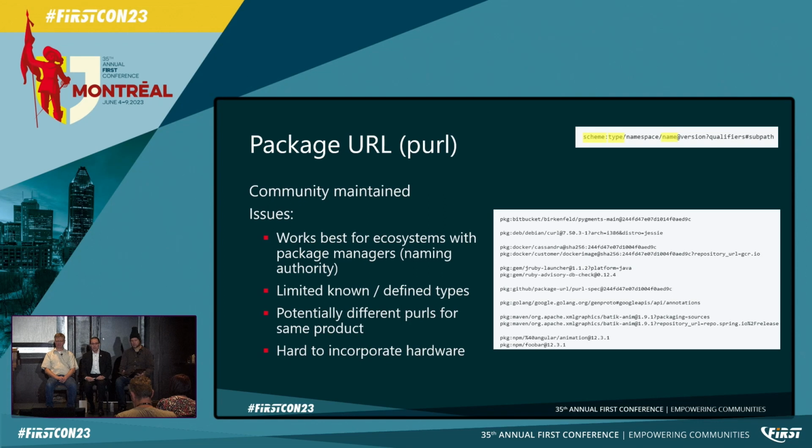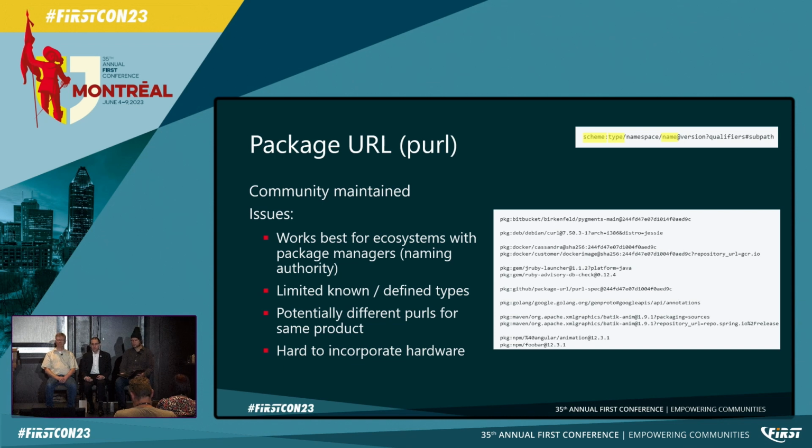And then there is a community-maintained approach, the package URLs. It works very well for ecosystems that have a naming authority, like package managers. But it also knows only very specific defined types.